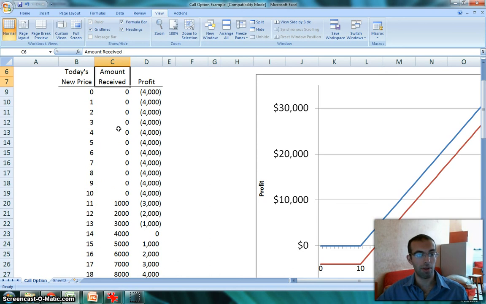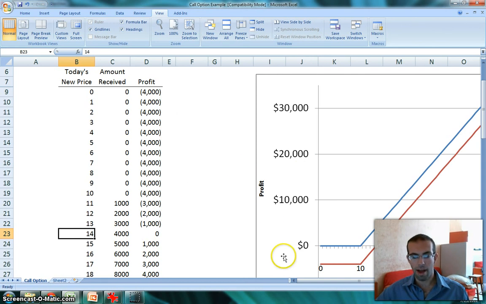That's just because you don't exercise the option. So this shows how your downside is limited. And profit in this case is negative $4,000. That's just the cost of the option contract, the premium. So you see that your profit will be 0 when today's new price is $14, and that's because the gain that you're making, $4,000, gets canceled out by what you had paid, the $4,000 originally.